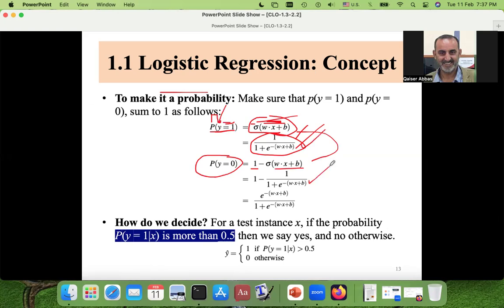Just write that. Take the LCM. If you solve like that, this is the LCM now. It will multiply with this 1, and this 1 will be cancelled with this 1, positive, negative. And finally, you will have e raised to minus (w dot x plus b) as the numerator of this fraction, on the above side.